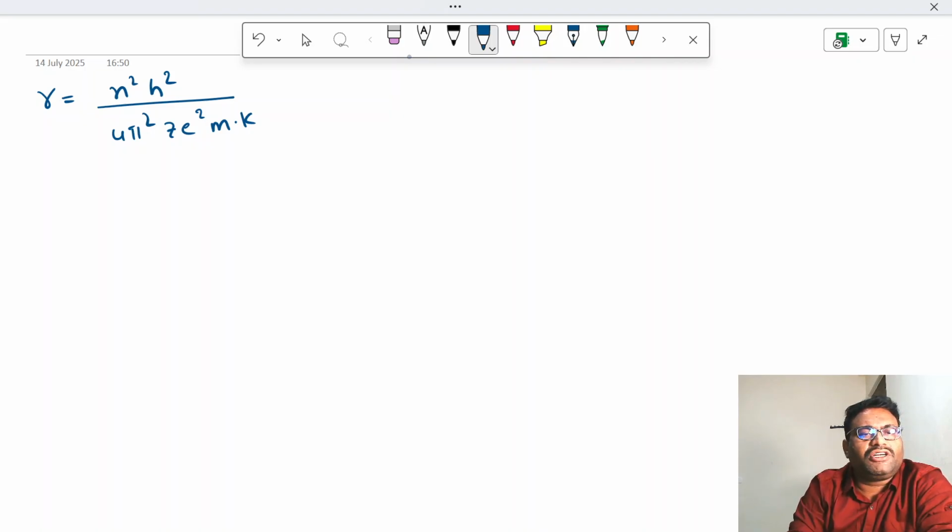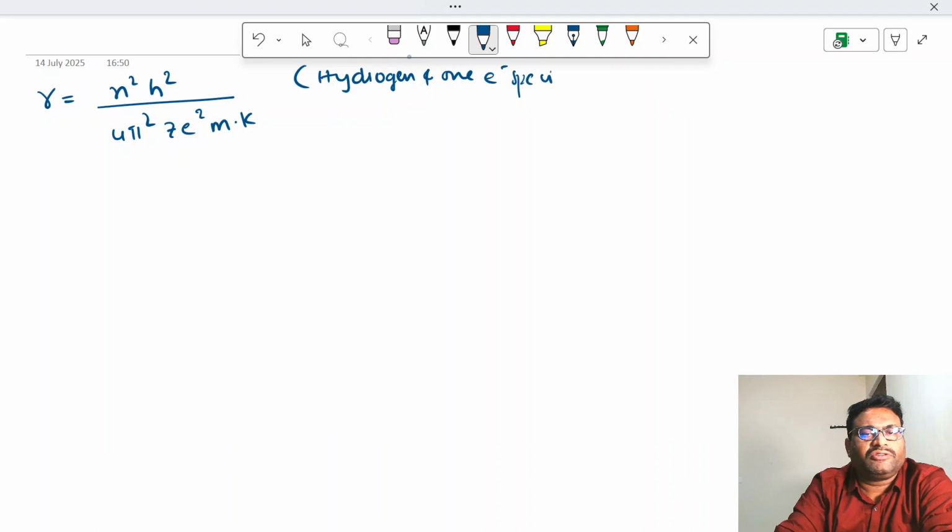So what are constant and what can be variable here? This is applied for hydrogen and one electron species. So for one electron species, atomic number can change and number of orbit can change. So I can separate them.